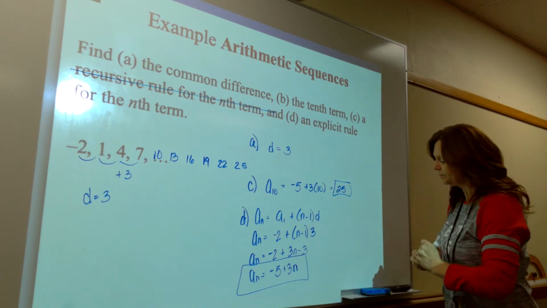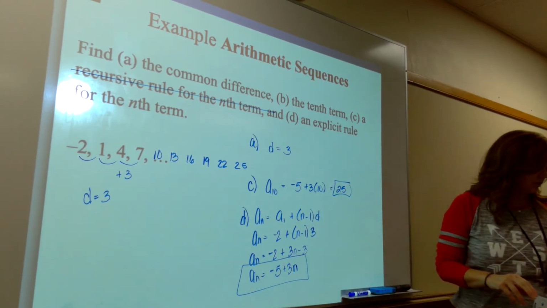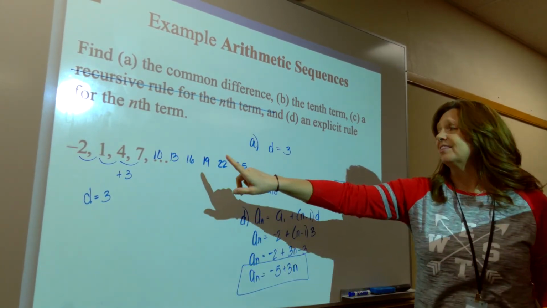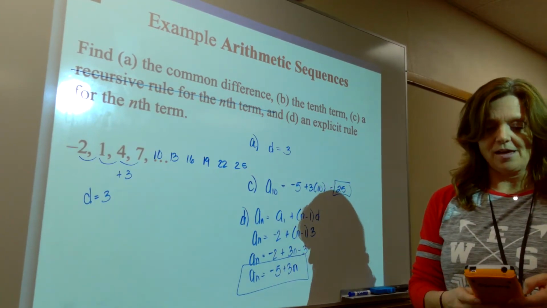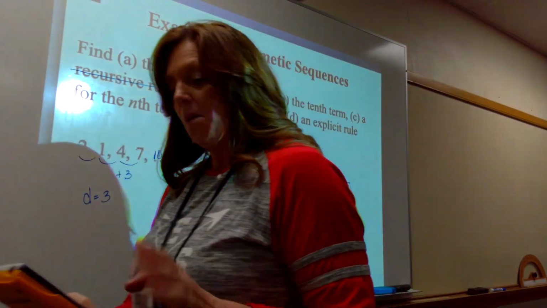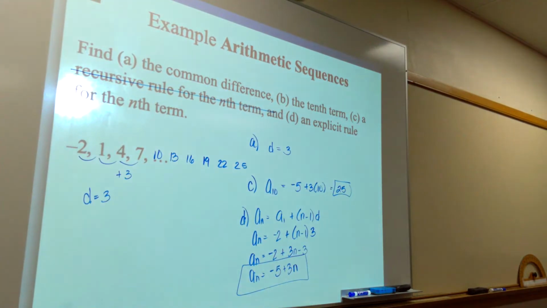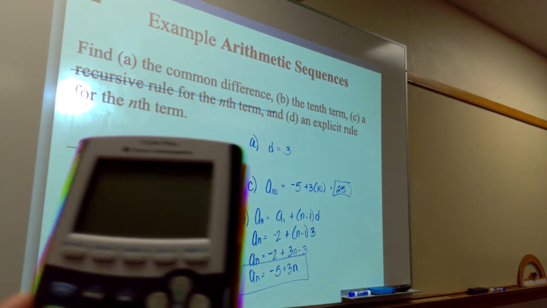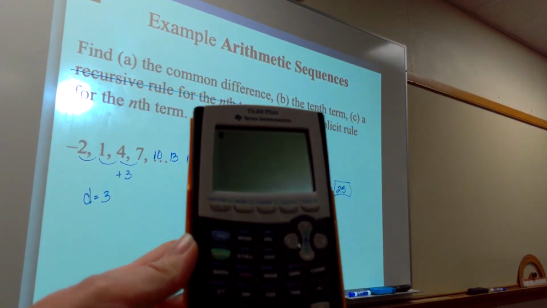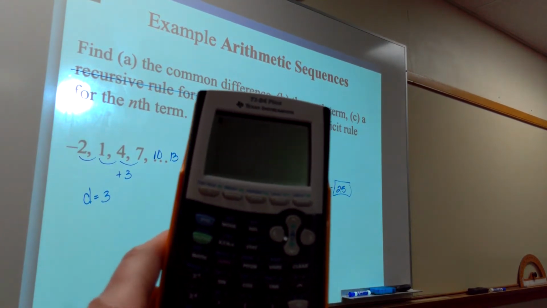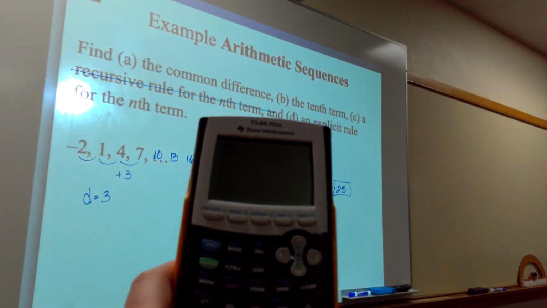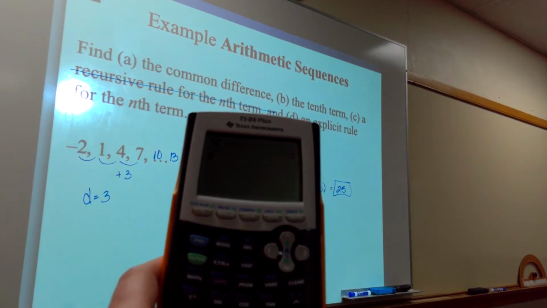And let me show you something real quick on your calculator, because there's absolutely nothing wrong with just generating that sequence. All you really need to do is type in your first term. So if I type in negative 2 and hit enter, I get negative 2 on my screen.